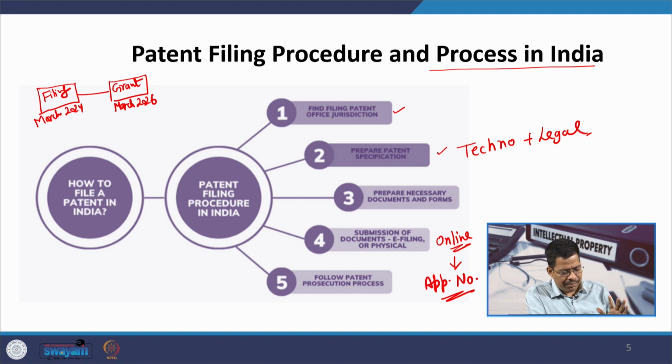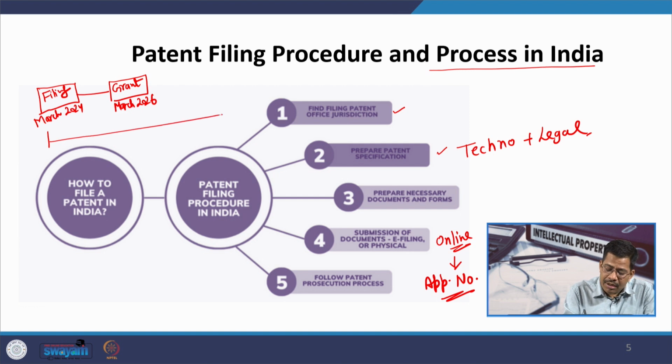For example, we know that a patent gives you exclusive right for 20 years. The 20-year period starts from the date of filing. So, 20 years will get completed in 2044. Your rights will cease in March 2044, not in March 2046.